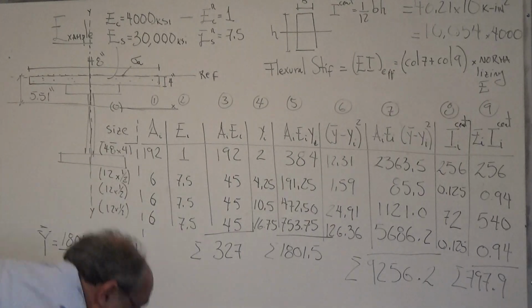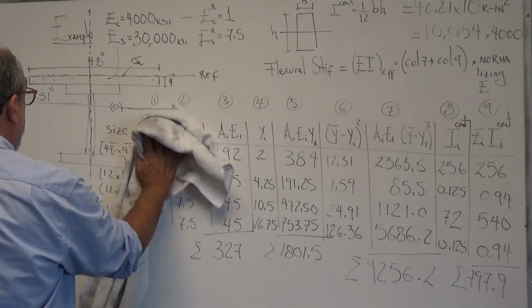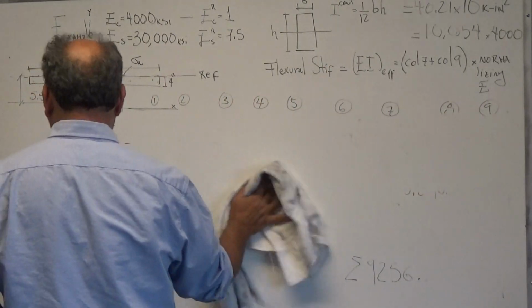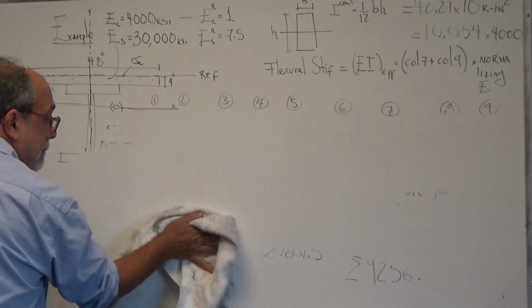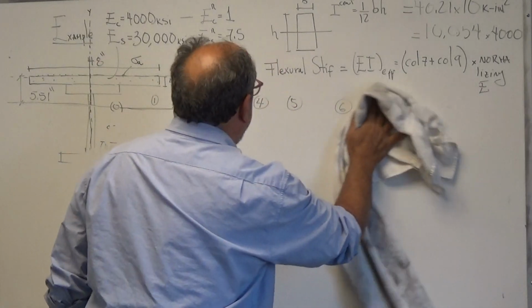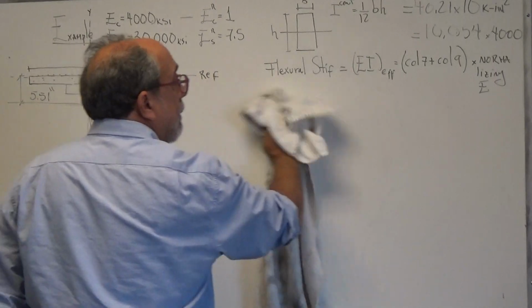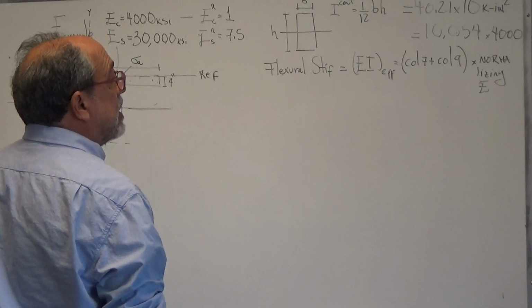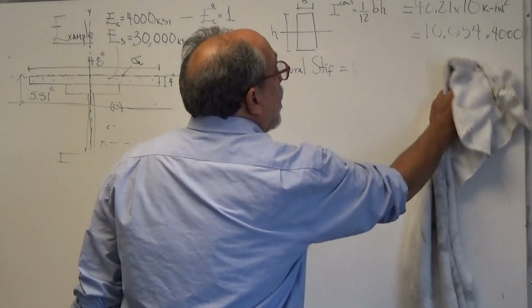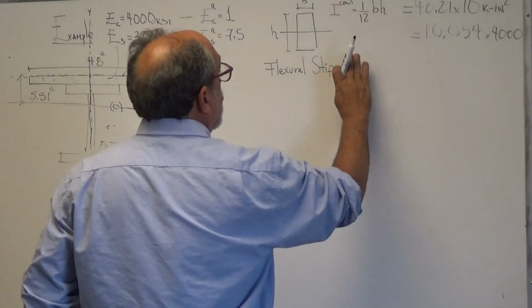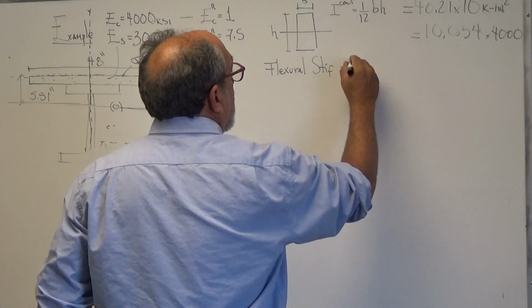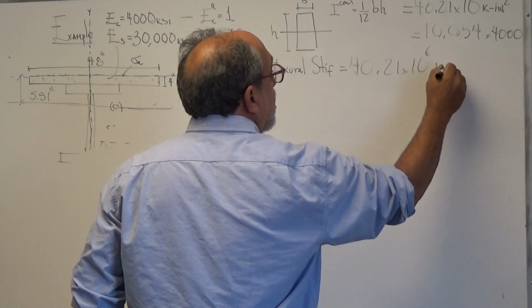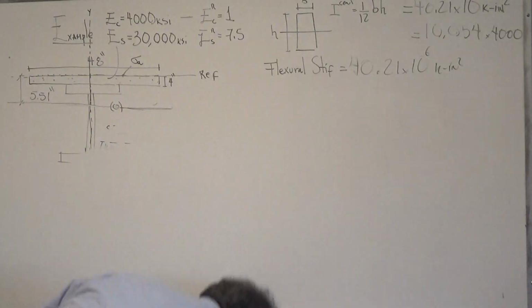Now, at this point, all I need is really the flexural stiffness, which we know is equal to 40.21 times 10 to the 6 kip inches squared.